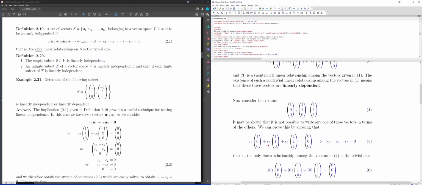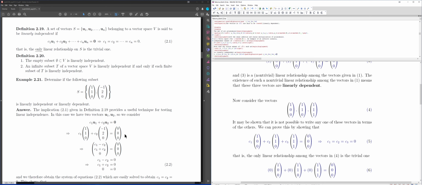You multiply this out, c1 times this vector, c2 times this vector, c3 times this vector, add it up, and then you just look at the components. What you'd get is a system of equations, and when you solve that system of equations, you would get that the only solution is c1, c2, c3 equal to zero. So I mentioned that already.